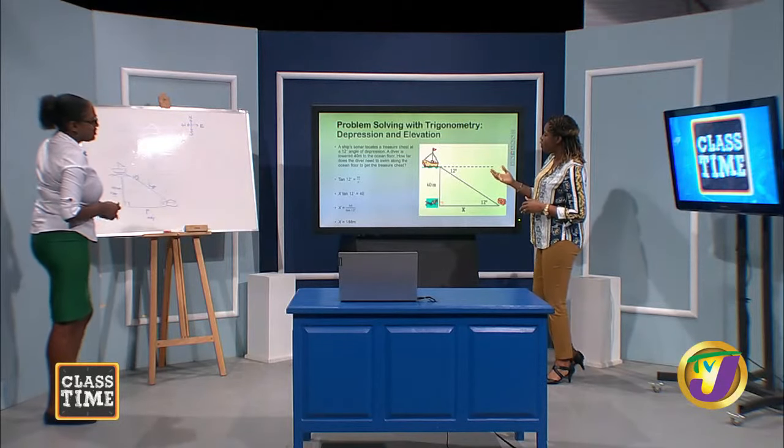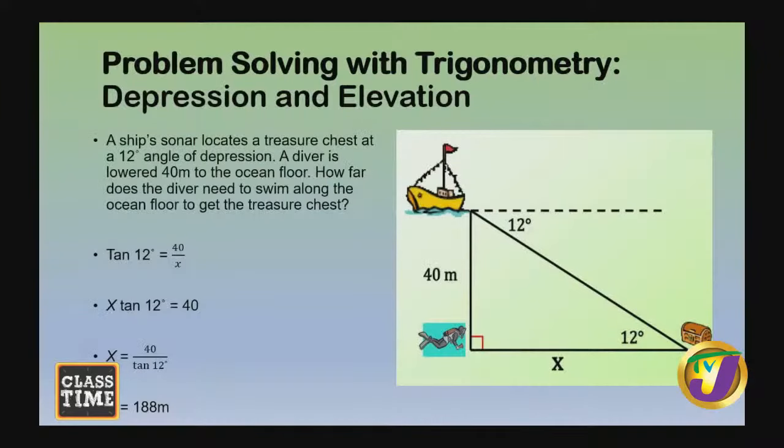All right, so we're saying tangent of 12 degrees is equal to the ratio 40 divided by x, opposite by the adjacent side. So doing some inverse operation, we would multiply both sides by x, and now we'd have isolated 40, but we want to isolate x.